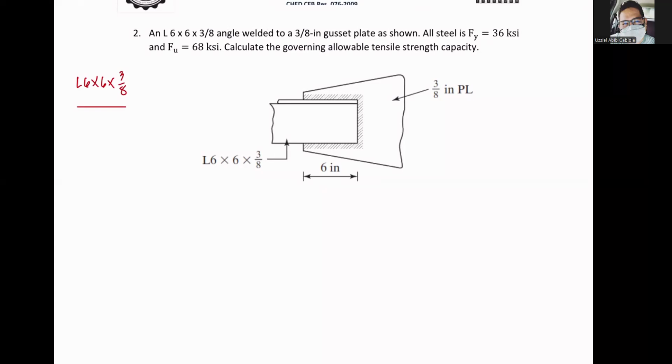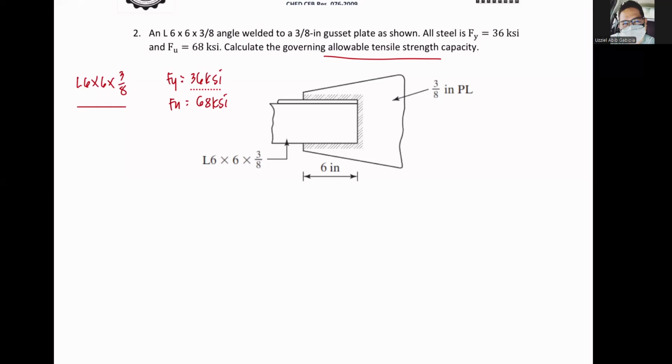But if ever one will be a different thickness, you have to check both, or whichever would be more critical. Okay, and then we have Fy is equal to 36 ksi, then Fu is 68 ksi. Allowable tensile strength, so allowable means ASD is our design philosophy.